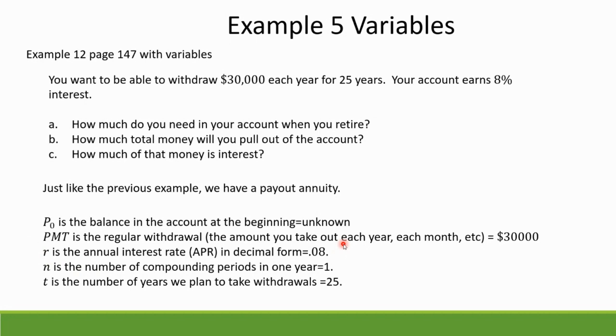The number of compounding periods is always equal to the number of withdrawals or deposits each year. So in this case, n is 1. There's only one compounding period in the year. This is happening for 25 years.